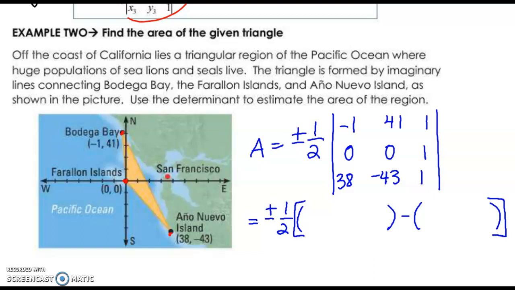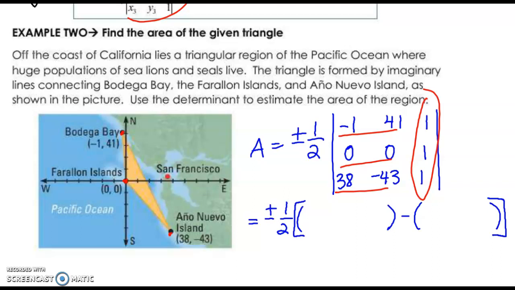So we go ahead and put the coordinates in, and for our last column, we put in ones. They can be in whatever order you want; that's just the order I decided to put them in: -1, 41, and then 0, 0, and then 38, -43.